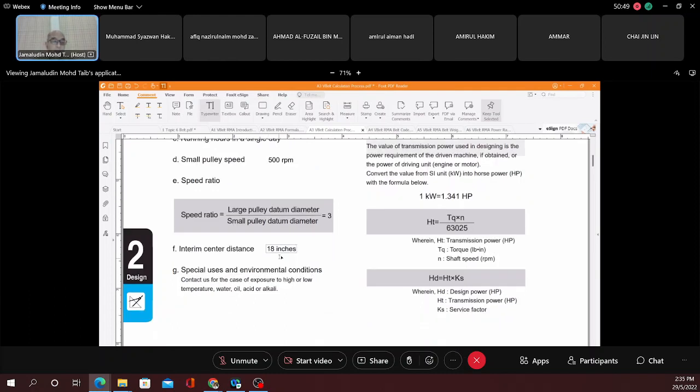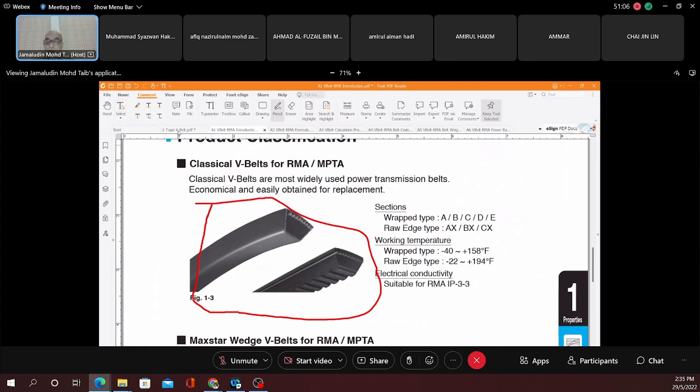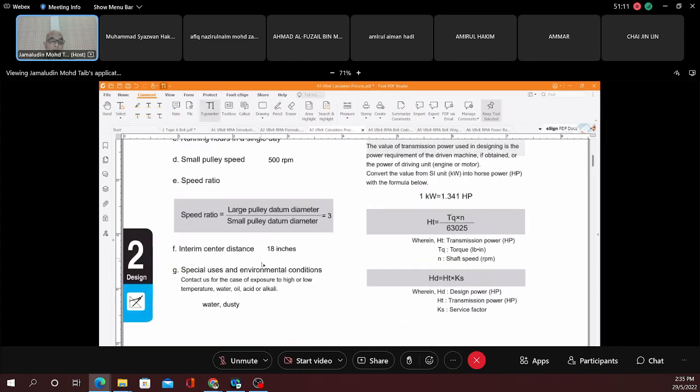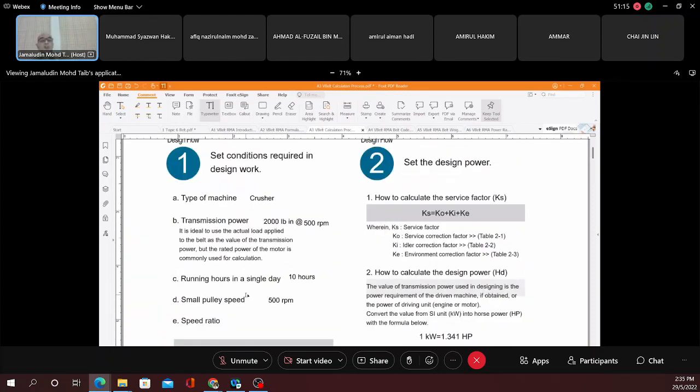Special use: there are two environments here, water and dusty. It is exposed to rain and a dusty environment, so that is going to be water and dusty. That's the first step, setting the conditions required for the design work. This is going to be the initial design.